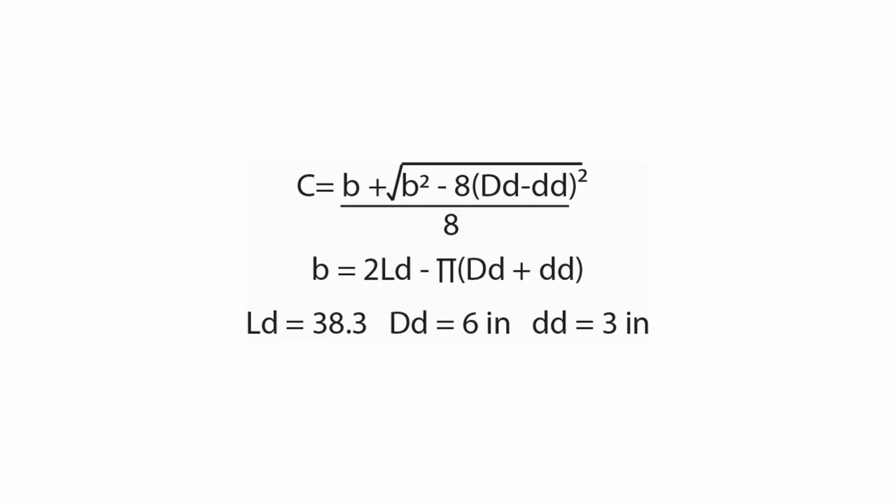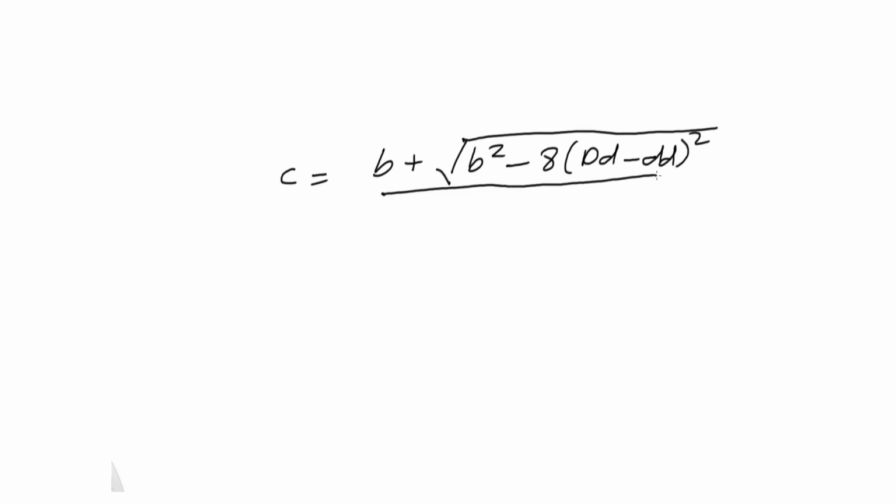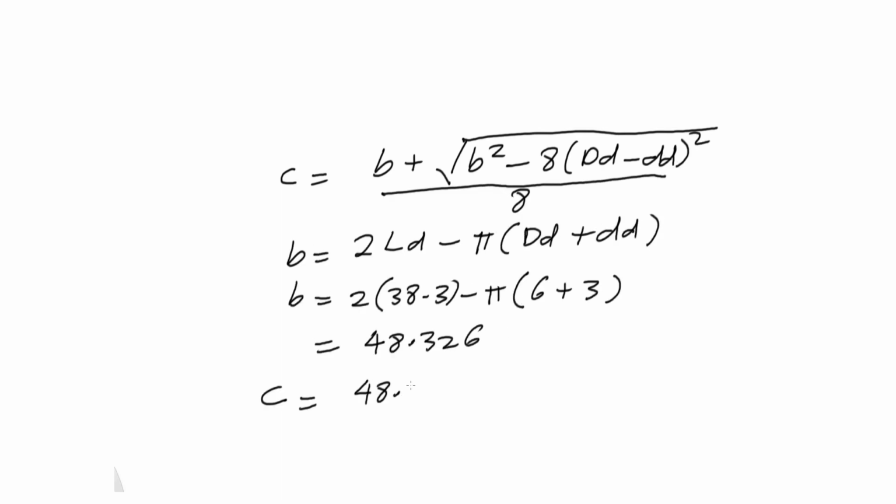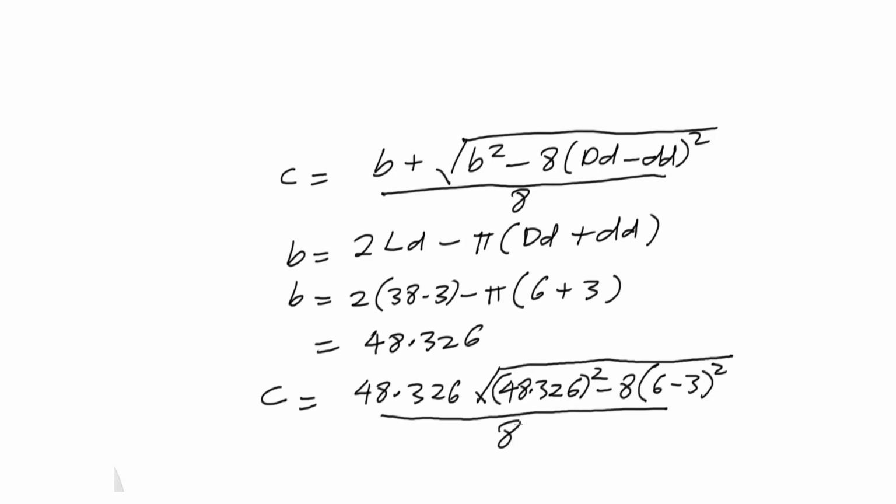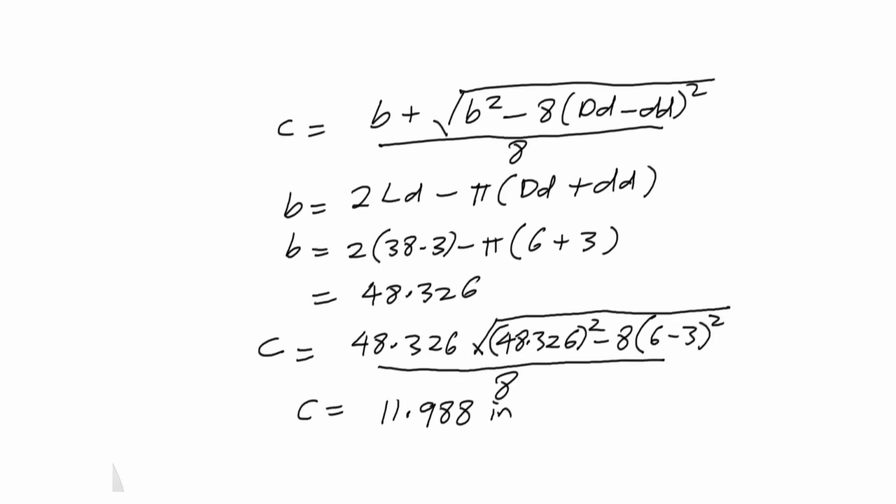The formula to calculate the new center distance C is shown here. If you look at the equation, we have variable B, where B is stated in the second equation. As our standard belt length L_D is 38.3 and our bigger pulley diameter is 6 inch and our small pulley diameter is 3 inch, we can calculate our new center distance C. After we put all the values into the equation and compute for C, the new center distance C is 11.988 inch.